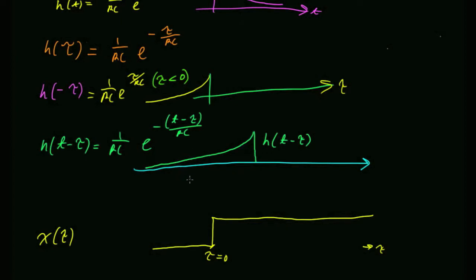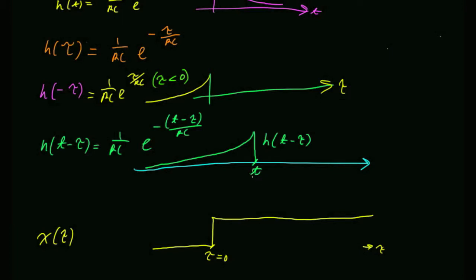Then we did h of t minus tau, which had the effect of taking our flipped signal and shifting it to the right by how many units? T units. That's where we screwed up. We're making this dependent on tau instead of t. Because the integral is d tau.